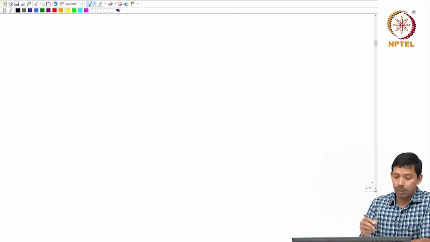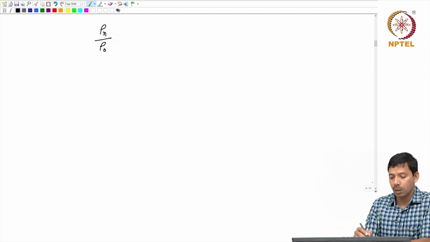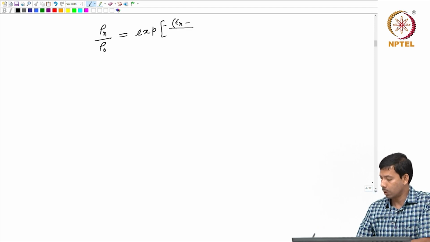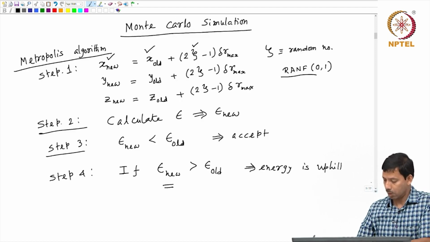I calculate probability of the new relative to the old, and I basically calculate the Boltzmann factor, which is exponential of minus E new minus E old.